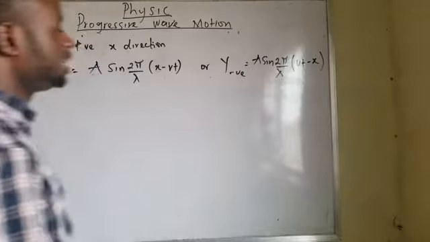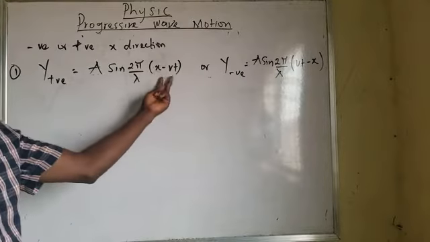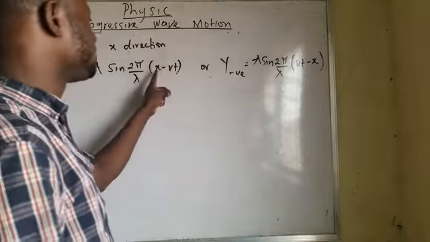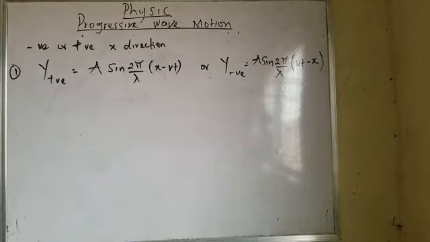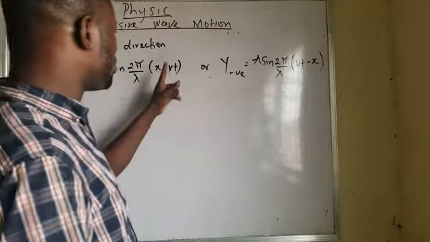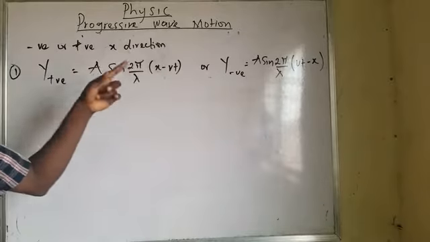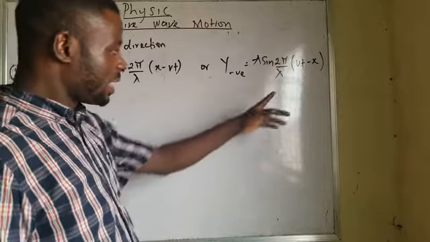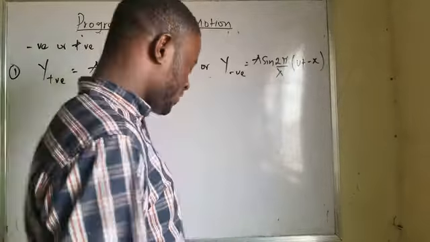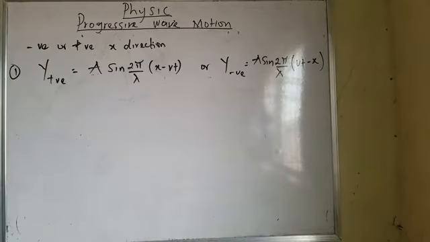The only thing that will change is the position here. When it's positive, it will be x, which is distance, minus velocity times time.